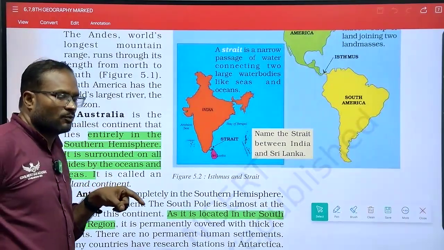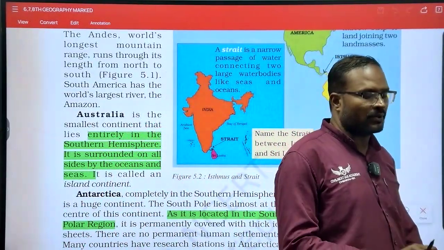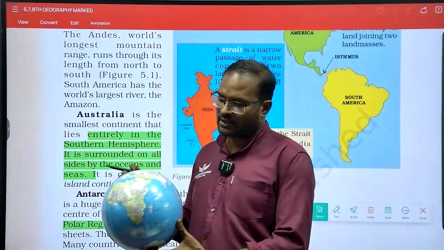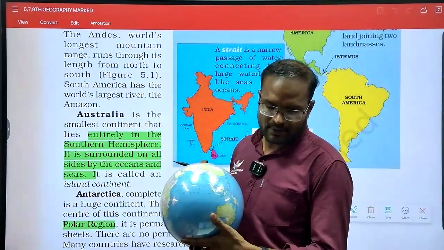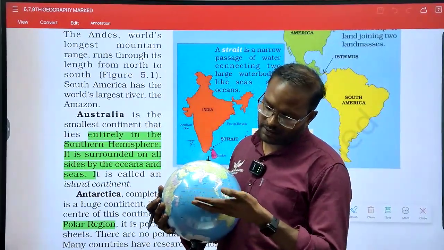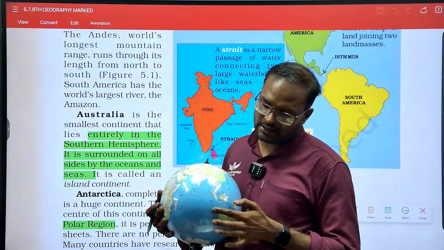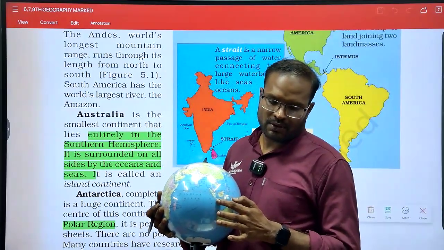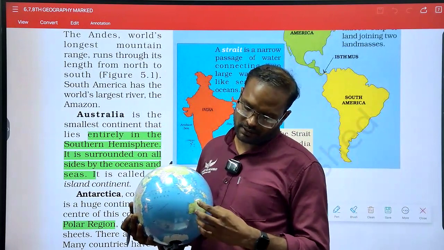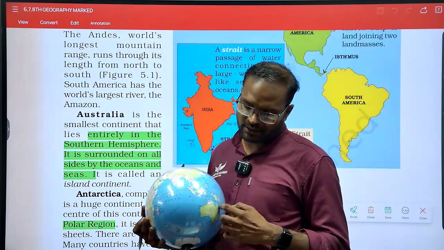Remember, the majority of Asia is in the northern hemisphere, but some part of Indonesia lies in the southern hemisphere. You can visualize it here: the equator comes through Indonesia, so Indonesia lies in both the northern and southern hemispheres. So the only continent entirely in the southern hemisphere is Australia.